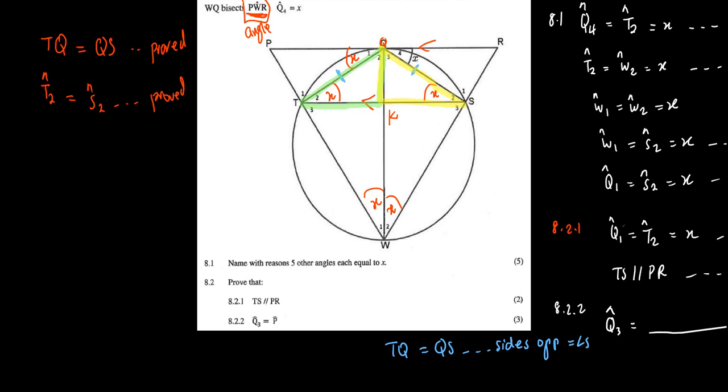Yeah, you'd want to use side-side-angle. Yeah, this one. You have to have a side and the included angle in the middle.